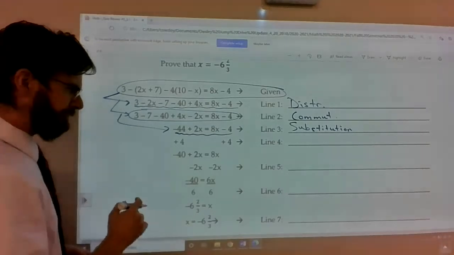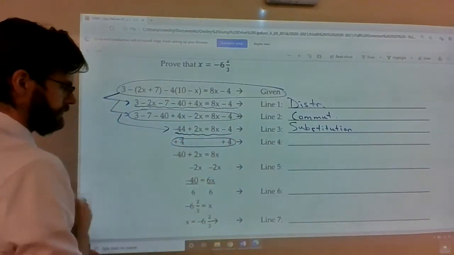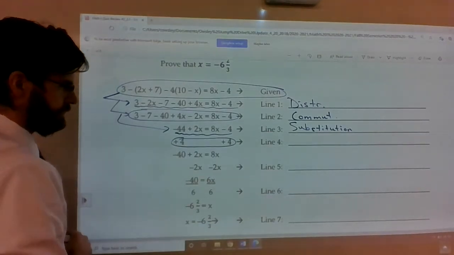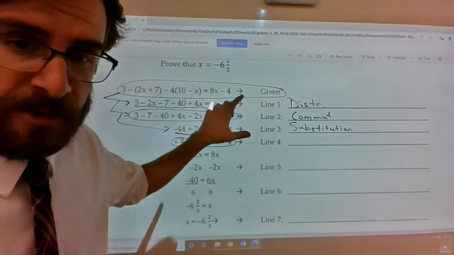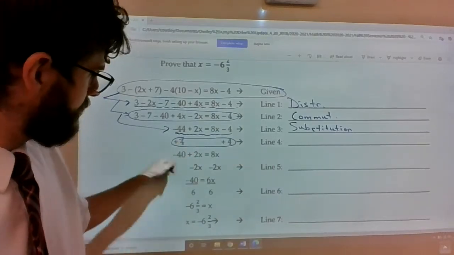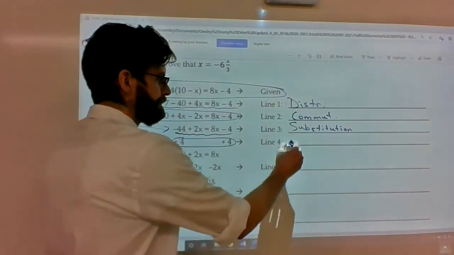Now, line 4 is just this move right here. This is one of those properties of equality where you do something to both sides of the equation. I added, it's the addition property of equality.